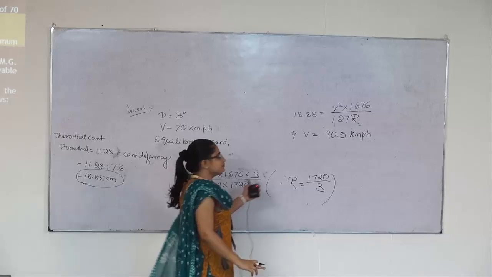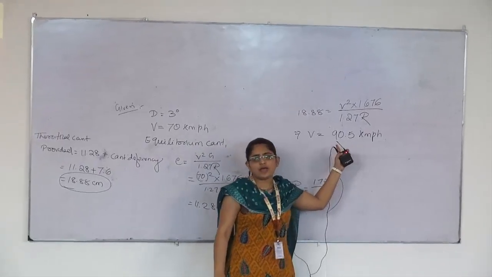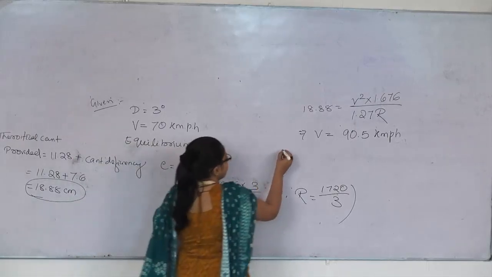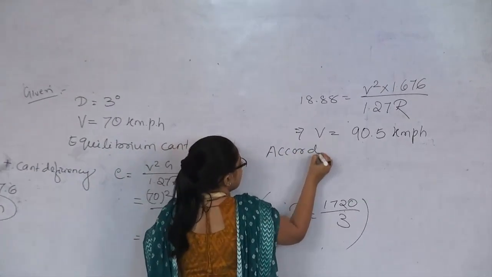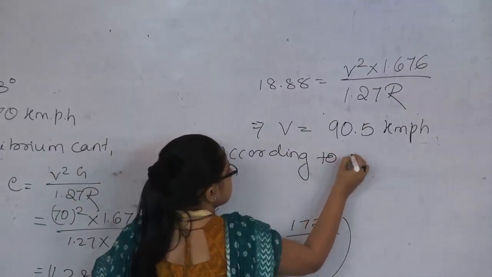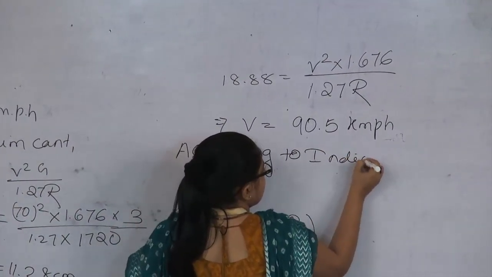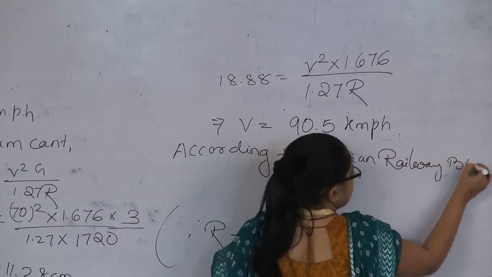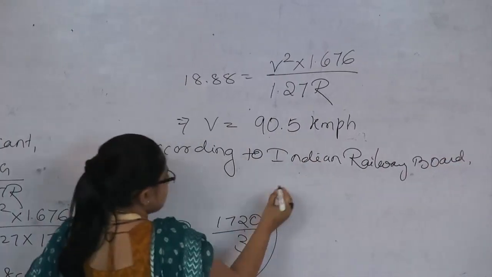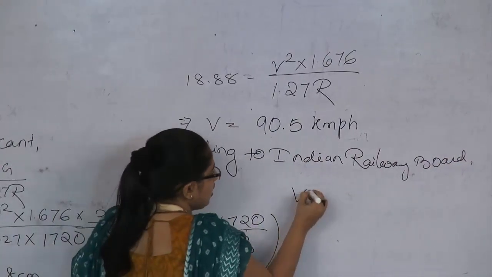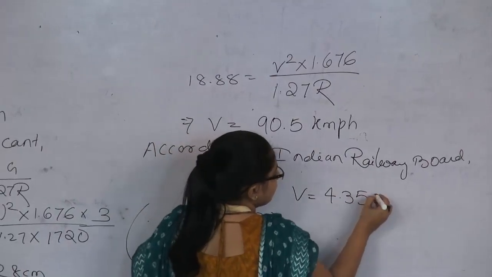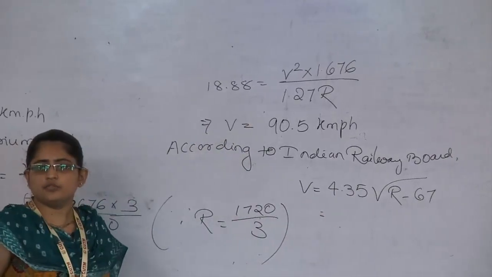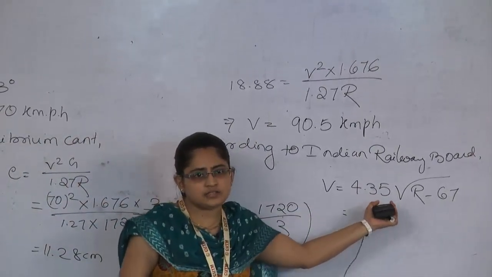This you got. Now we will compare this value with the Indian Railway Board formula. So according to the Indian Railway Board formula, V equals how much? 4.35 root over R minus 67.